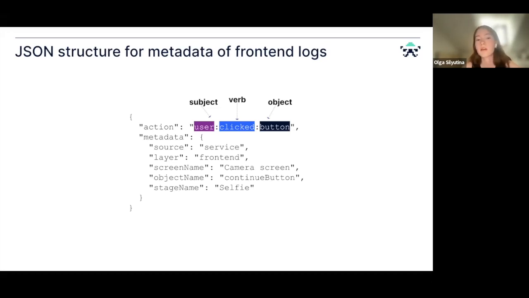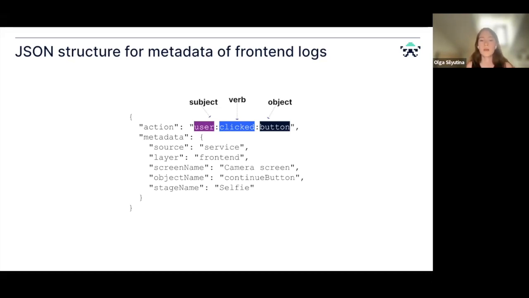It could be a layer key. For example, it could divide events into front-end or back-end logs, so that with just one line of filter you can get all the data from the front-end or all the data from the back-end side. Then you can always have a screen name where the action is going. It's very important for creating analytical user flows and calculating conversion rates.